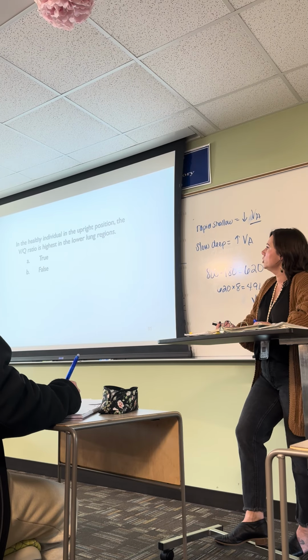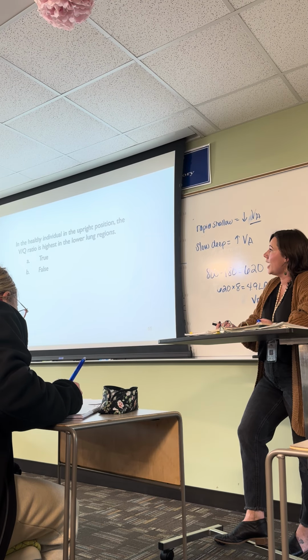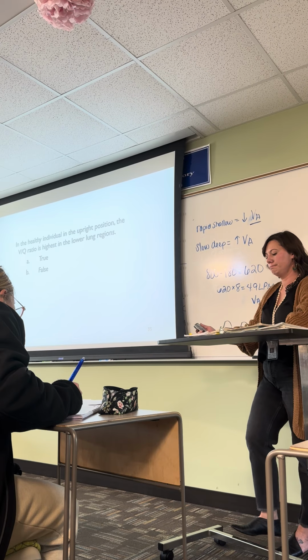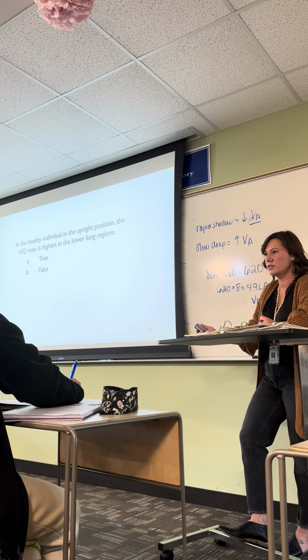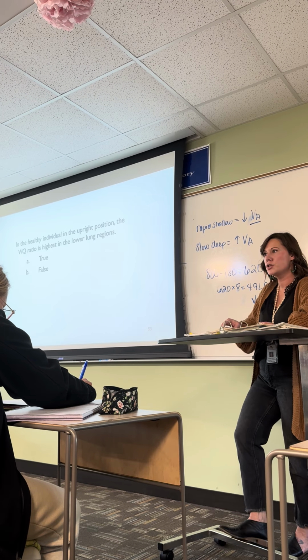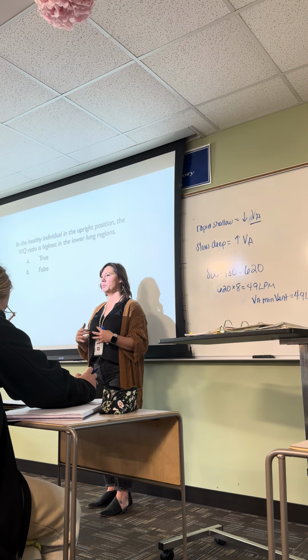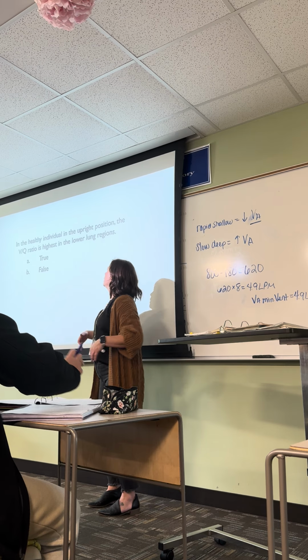In the healthy individual in upright position, the VQ ratio is highest in the lower lung regions. Is that true or false? False. Correct, because a high VQ ratio means what? High ventilation versus perfusion. Let's break it down. We're in upright position, so gravity is doing its thing.